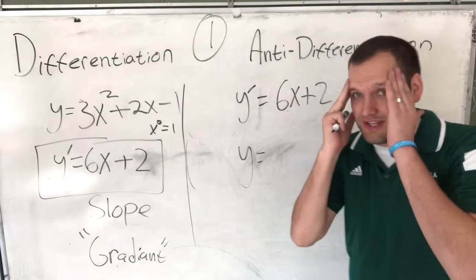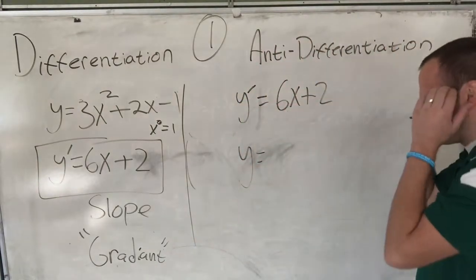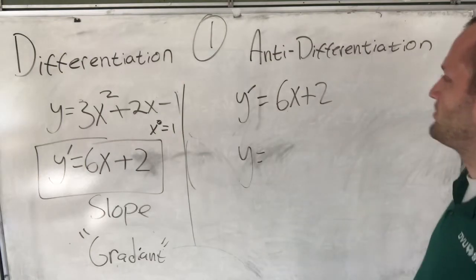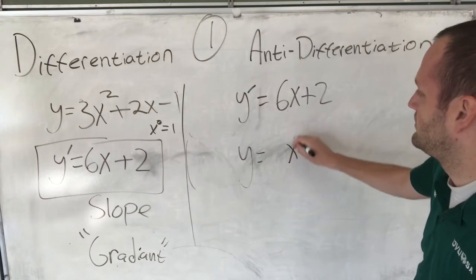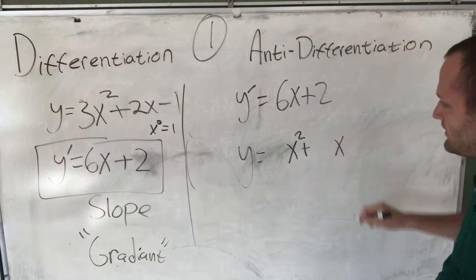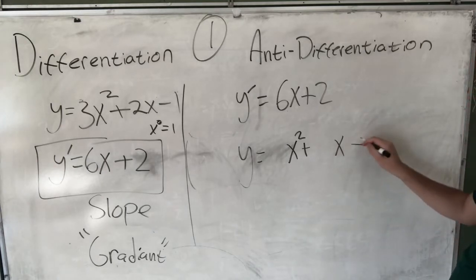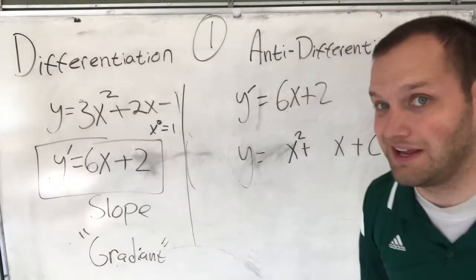We need to start thinking, what would the x's have been? If you can remember how the x's work, then this works out really slick. So this x would have been an x squared plus something times x, then something on the end. So plus c is what we'll normally say. Something could have been a 0, an 8, or a 42.